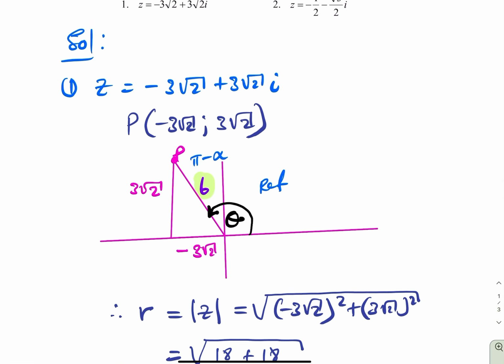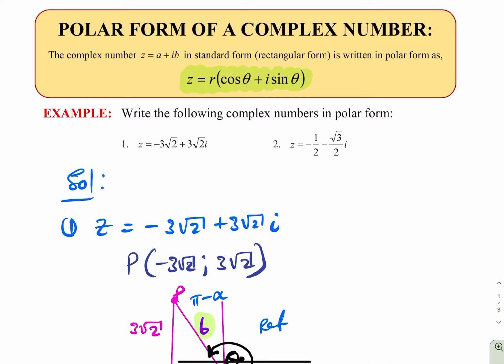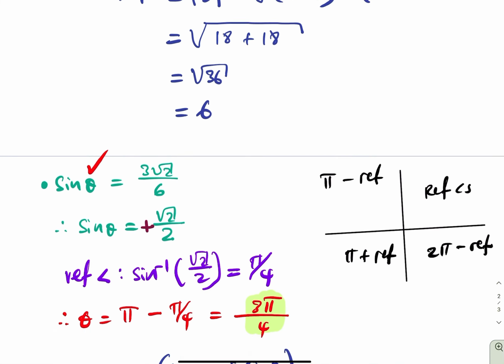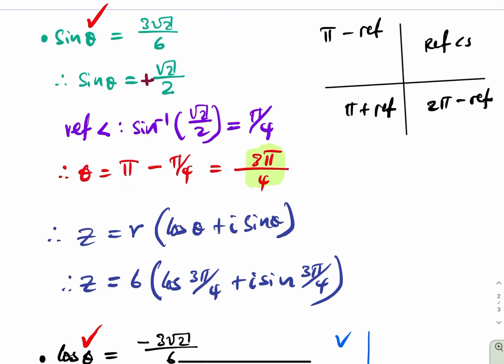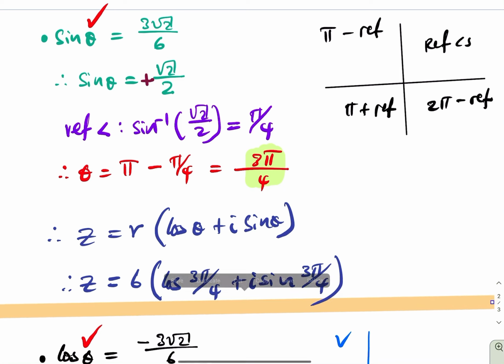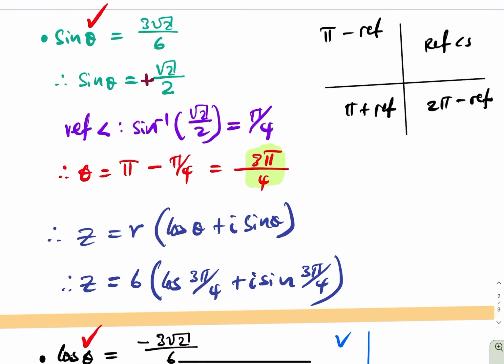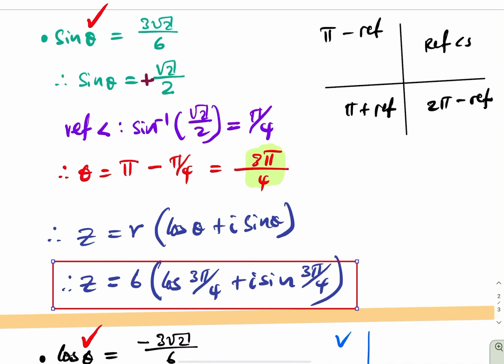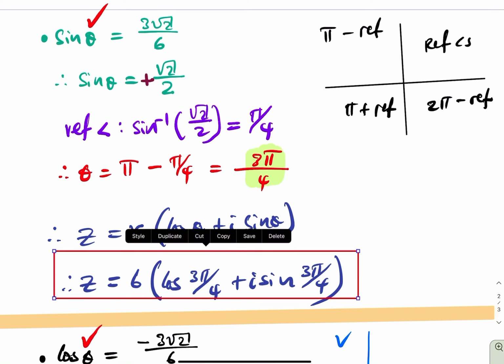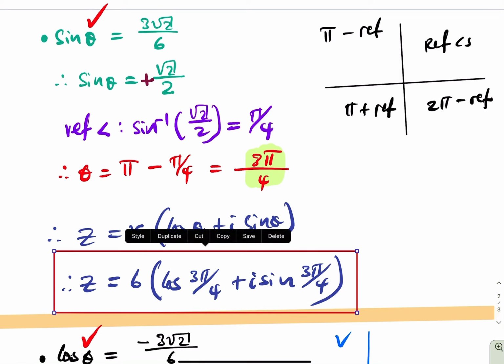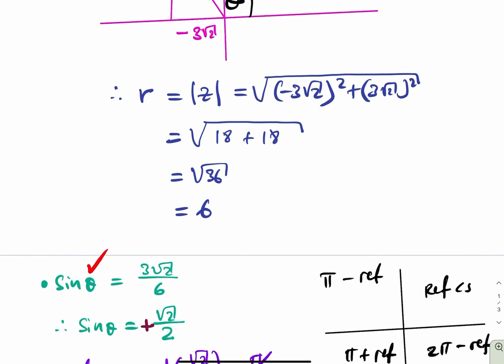So I'm now going to look at the second one, but the answer should really end here. This is how you represent your stuff. Here is the answer for the first one in modulus argument form. It's really easy. I don't want to lie. Now, the second one, let's check what we are having.